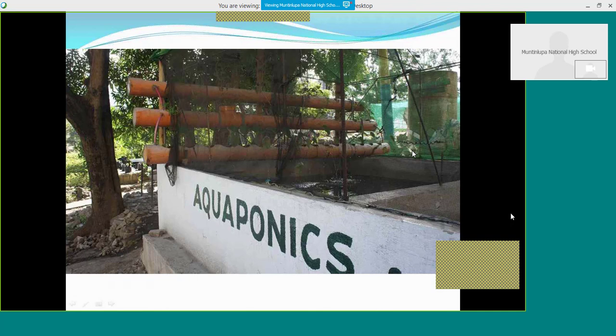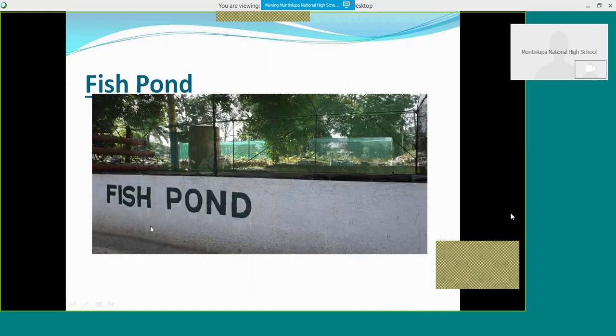Number one is the larger scale of our aquaponics, wherein we culture tilapia and different vegetables in our aquaponics system. Another project is a fish pond, wherein we also have the floating garden, where styrofoam floats on top of the fish pond, and there are also fish inside the pond itself.